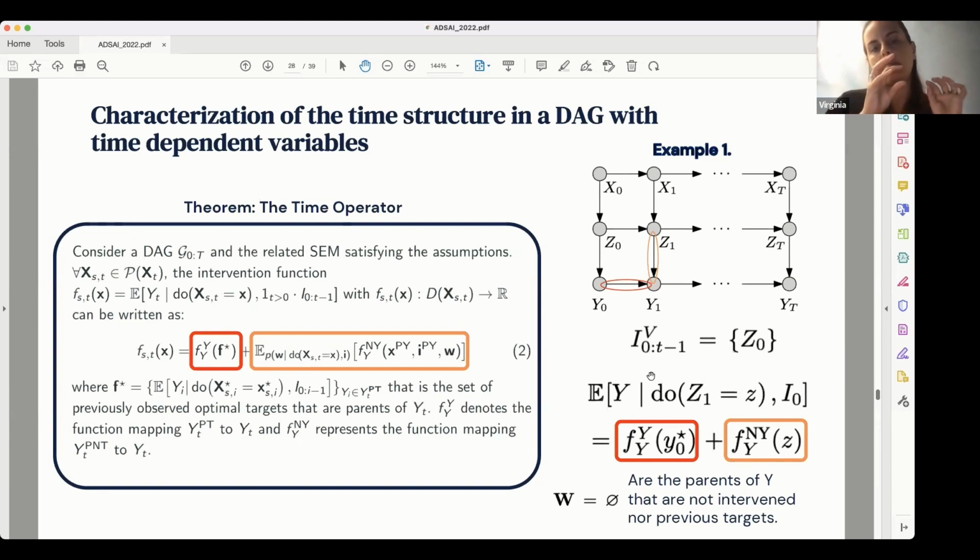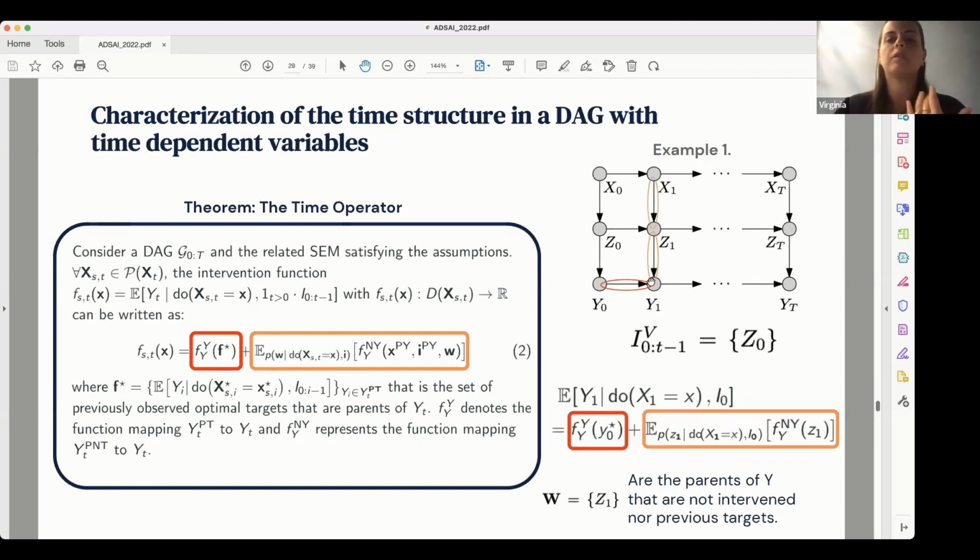So if we make this a bit more concrete, because the notation is quite cumbersome, if you look at example 1, you see how Y1, suppose that we want to evaluate an intervention on Z1, is determined by the previously optimal intervention for Y0, propagated through the edge that is highlighted in red, and the intervention level for Z1 propagated through the edge that is highlighted in orange.